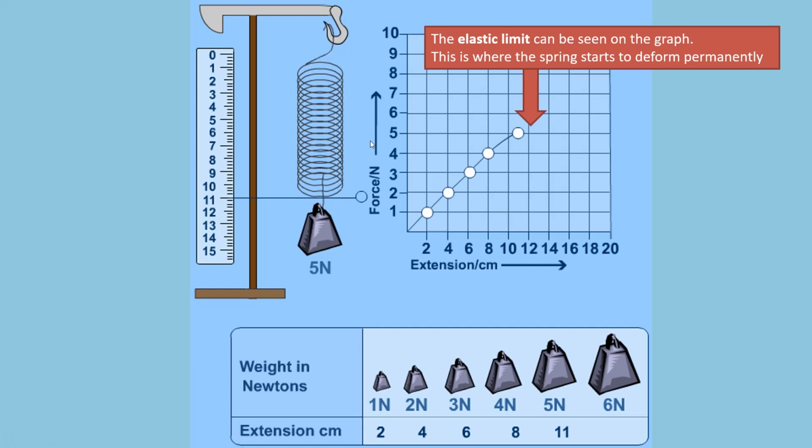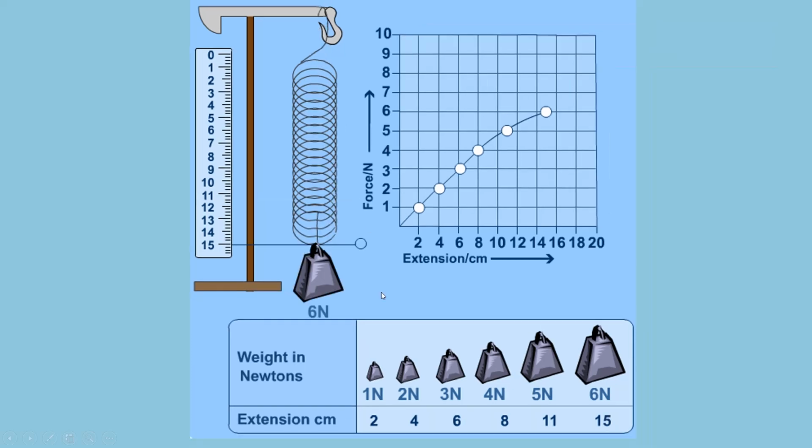After this elastic limit, the spring will be spoiled and it will lose its elasticity. What is the meaning of elasticity? It will not come back to its original length. So at 6 Newton, it gives us 15 extension. I also obtained a curve, so it loses its elasticity.